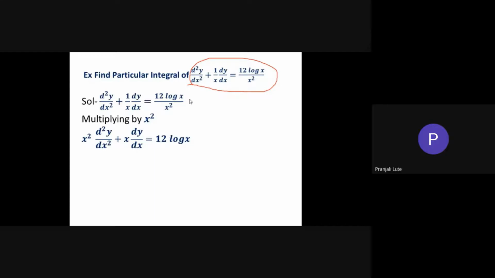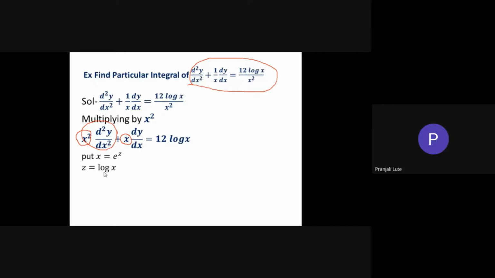Again, this is an Euler-Cauchy equation. So we have to remove this variable coefficient and make it a constant coefficient by using the substitution x equal to e to the power z. So z equal to log x, then x D equals D1, x square D square is D1 minus 1.